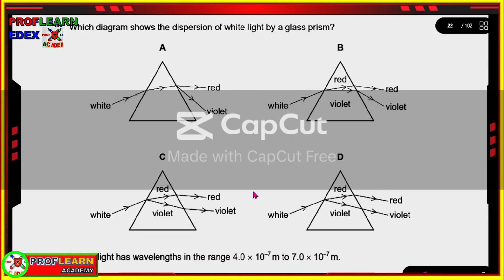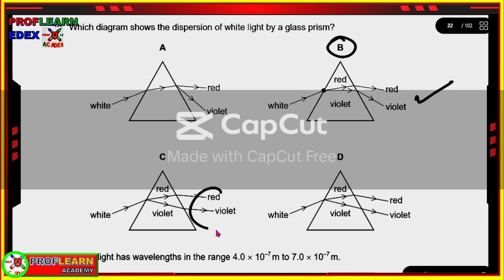Which diagram shows dispersion of white light by passing through a glass prism? For question number 20, violet undergoes a larger refraction compared to red. So the moment it reaches here, it undergoes more refraction, and that's exactly what's going to happen.